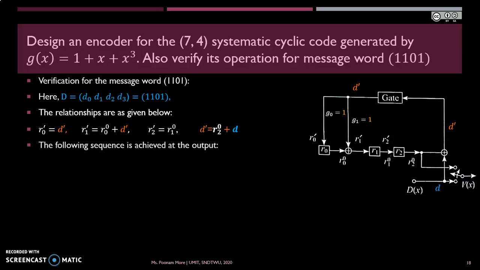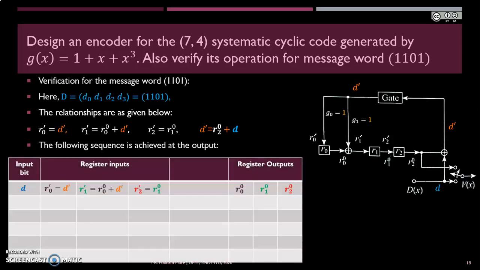So the following sequence is achieved at the output. We will write the sequence in tabular format, so as to understand the working of this encoder and to verify it for the message bits 1101.